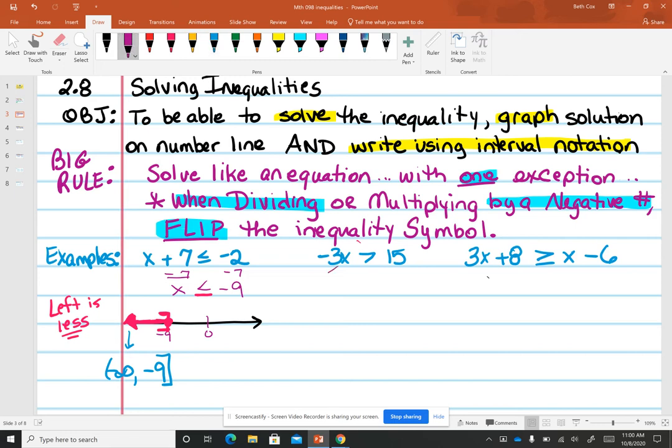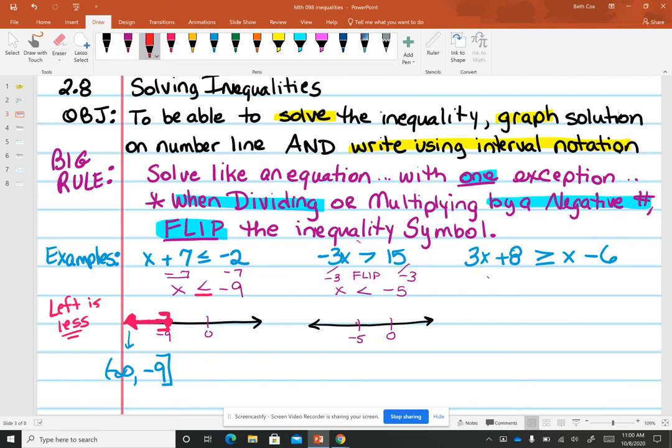This one we're going to divide both sides by -3, which forces the flip. So x is now less than -5. It was a greater than, but now my answer is -5. So again, I'm lazy with my number line. 0 and -5 is on the left.